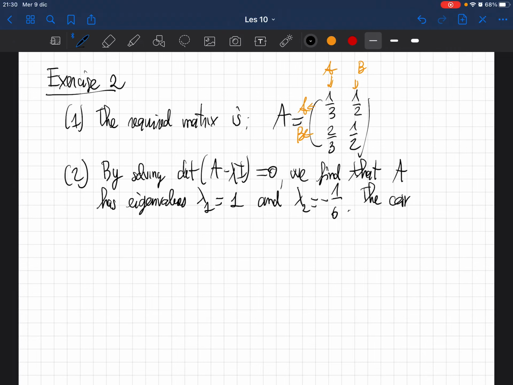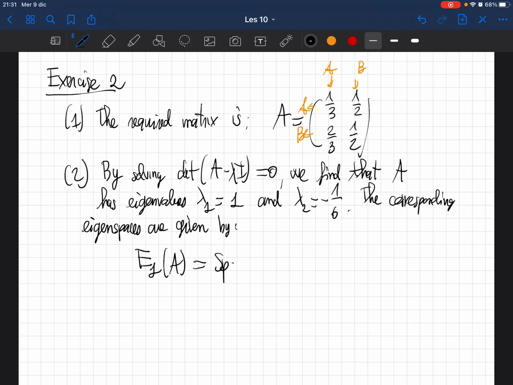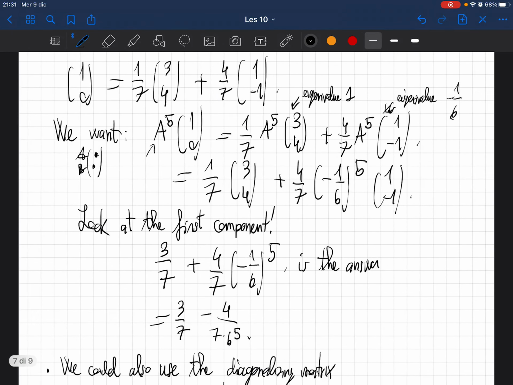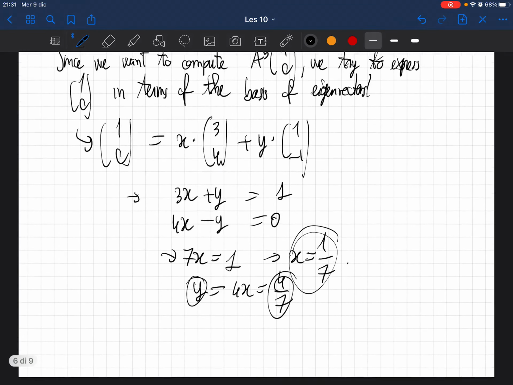The corresponding eigenspaces are given by E1 of A is the span of (3, 4). E minus 1/6 of A is the span of (1, -1), if I'm not wrong, right? (1, -1), (3, 4), it should be okay.